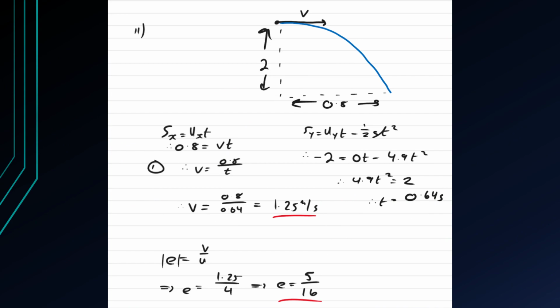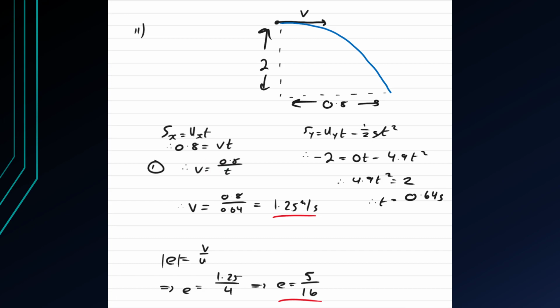So intuitively, you might have thought that the coefficient of restitution was a half, but actually it's not. So we're going to start with sx equals uxt. So 0.8 is velocity times time, so the velocity required is 0.8 over the time taken.